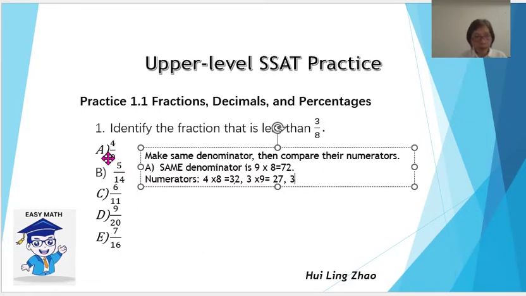So we know 32 is more than 27, right? So that means 4 over 9 is more than 3 over 8, right? So that means it is false.